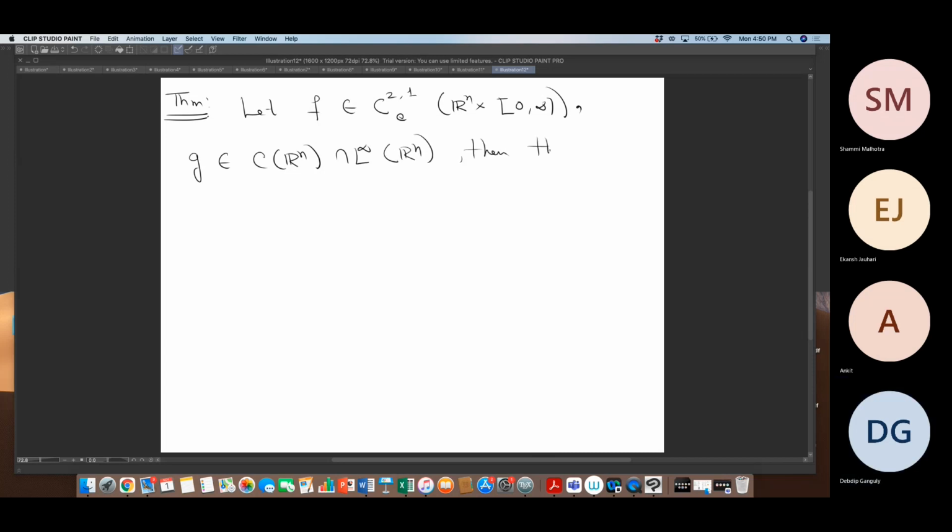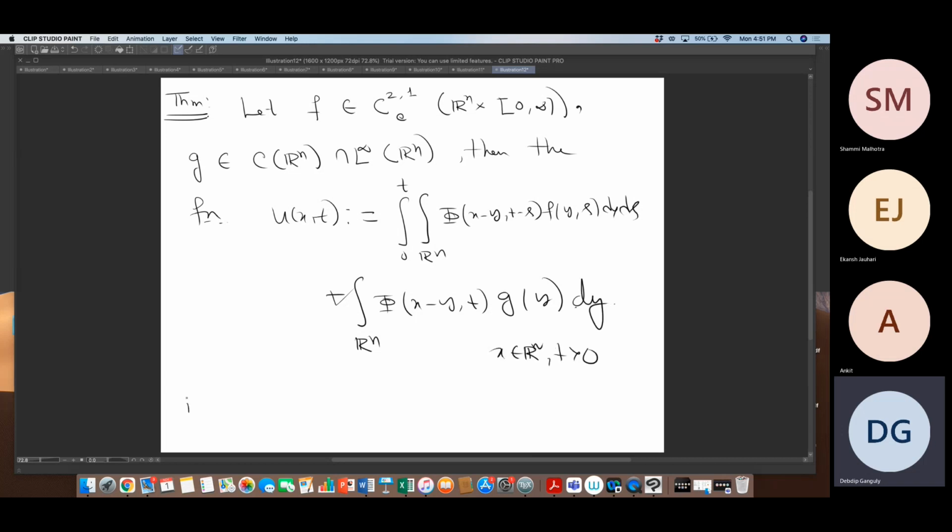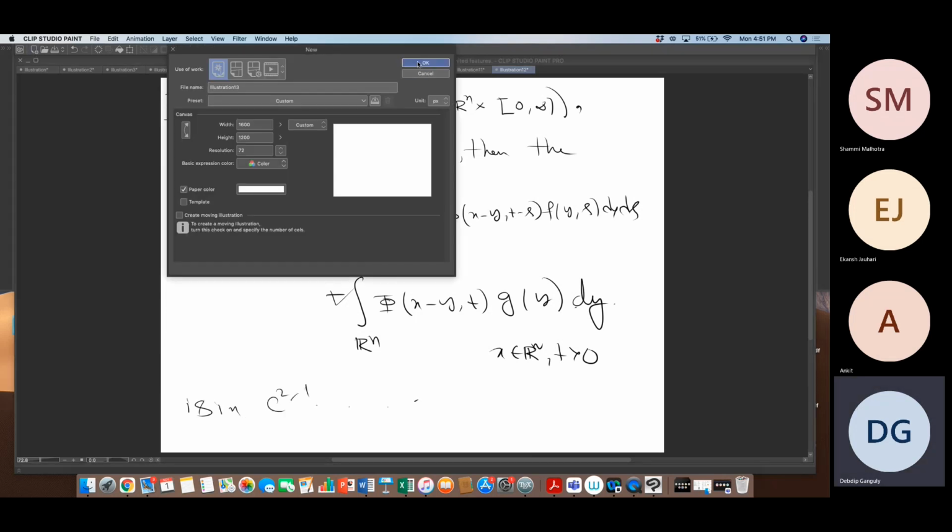Then the function u(x,t) defined by the integral from 0 to t is in C^2_1 and solves this equation.